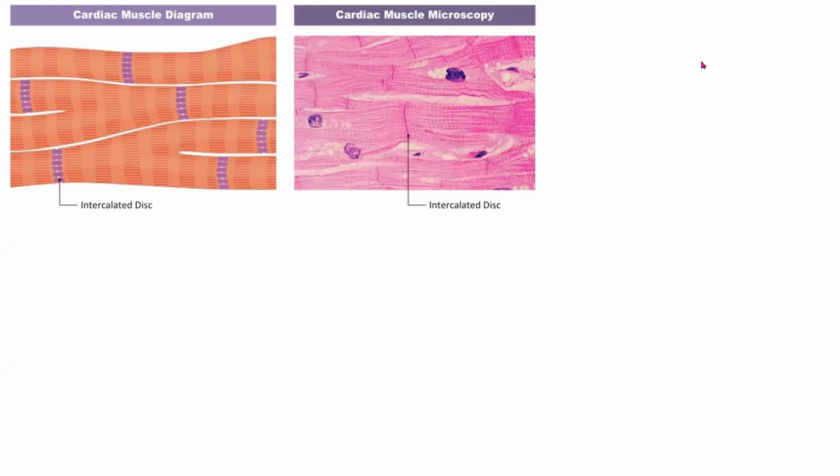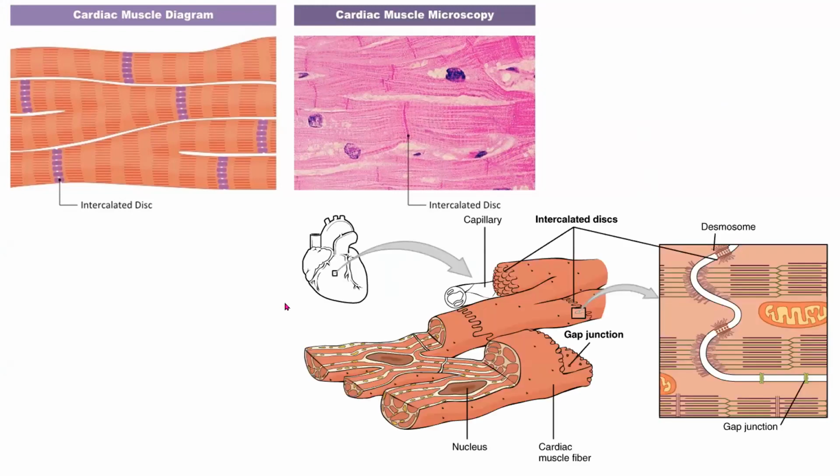Okay, that's fine. So you can actually see the intercalated discs. These are the fibers of cardiac muscle, and they're quite different. You see that everything's linked up to everything else, so each group of muscles will contract simultaneously.